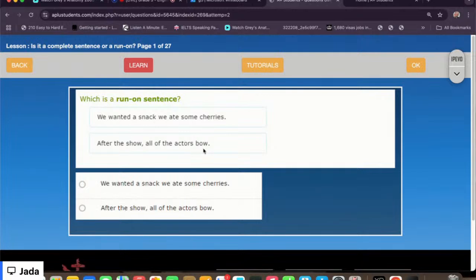So which one is the run-on in the first one?